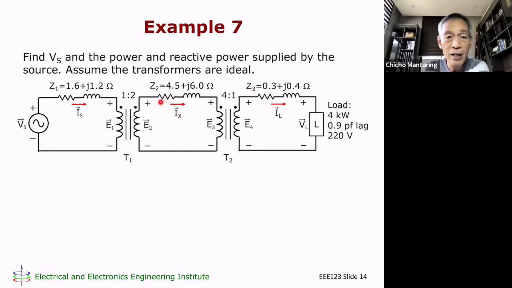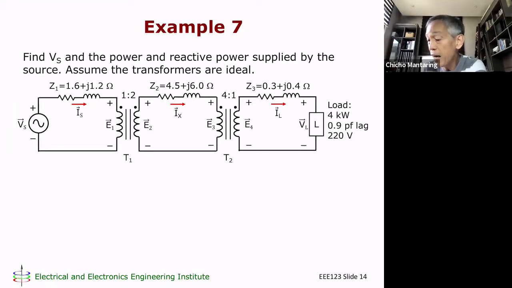And then here, you have another transformer, and then connecting transformer 1 and transformer 2, you have another feeder line whose impedance is J2. And finally, connecting the source and transformer 1, we have another feeder line whose impedance is J1.